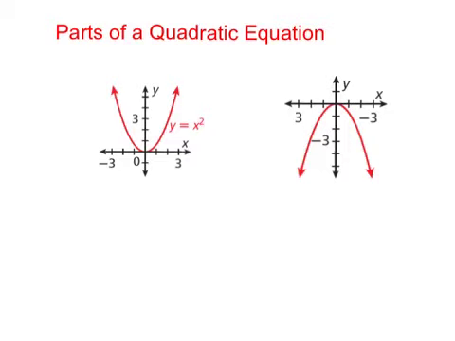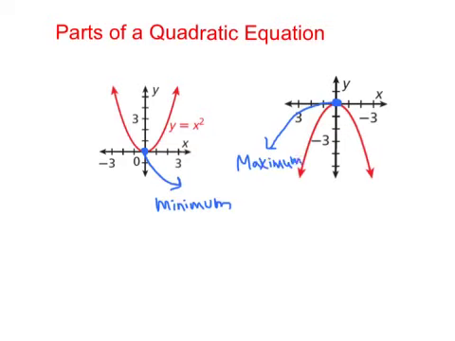Both of these are quadratics, and each one has a very top or bottom point of the peak on either side. We call these a minimum and a maximum.